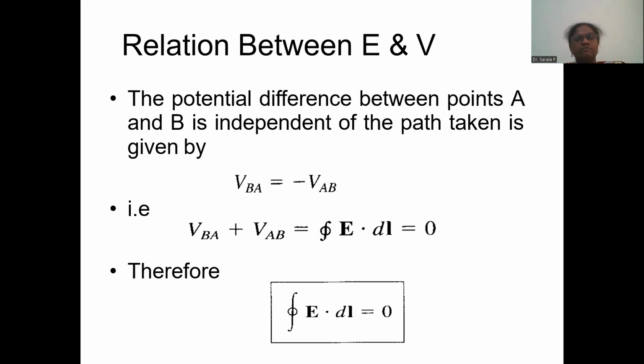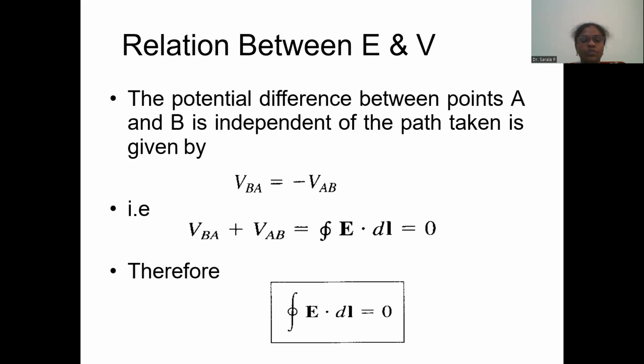Already I said it does not depend on the path which we take. So we can write V_AB is equal to minus V_BA. So if we add these two voltages, V_AB plus V_BA is equal to the integration of E dot dl, which is equal to 0.